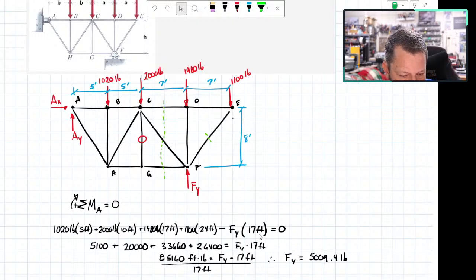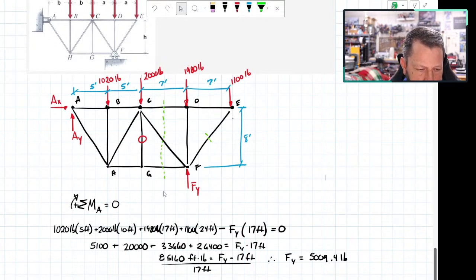I don't know why WebWork is disagreeing with me on calculating Fy. Let me read the problem statement, make sure I didn't miss some weird thing. Normally I can actually see what WebWork is wanting, and it's not a rounding error, so I'm not sure why it's wanting this number.